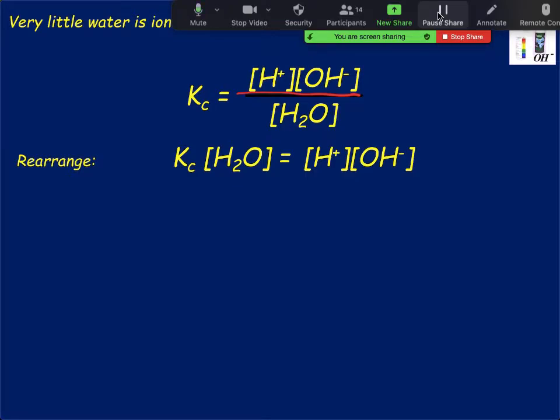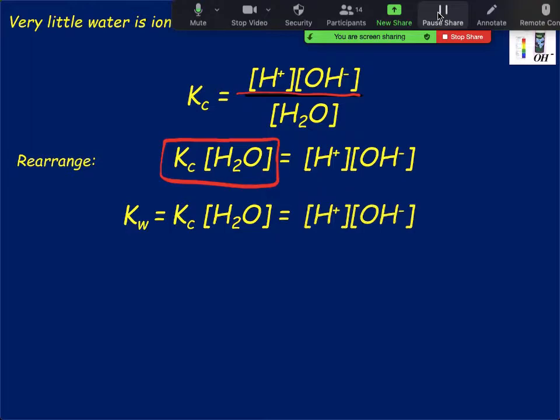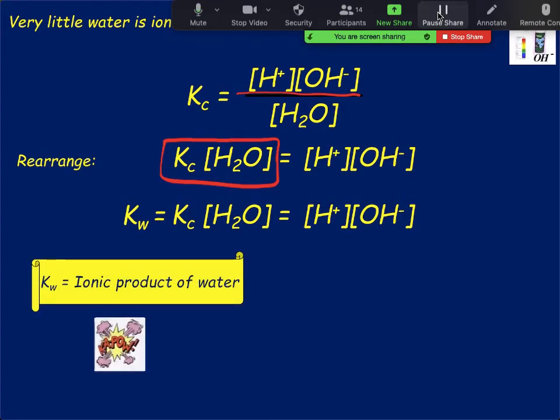And once you've done this rearrangement, they now name this Kw. So Kw is really your Kc constant by your concentration of water constant, and you can calculate it from a hydrogen ion concentration and a hydroxyl ion concentration. So it's called the ionic product of water, Kw.